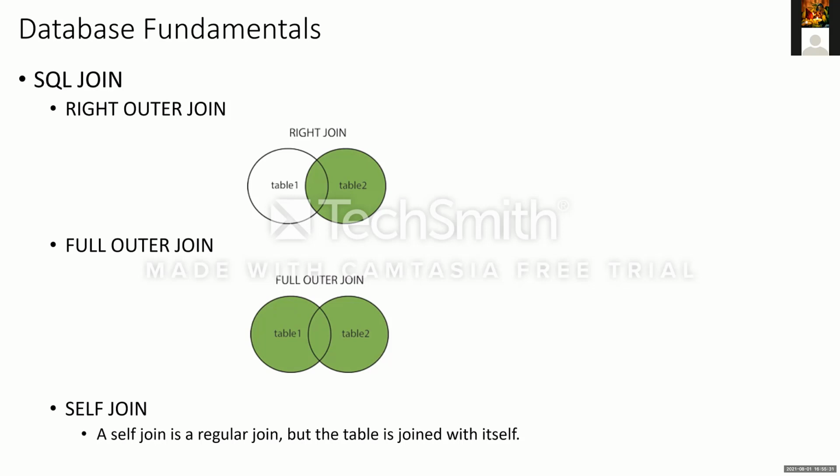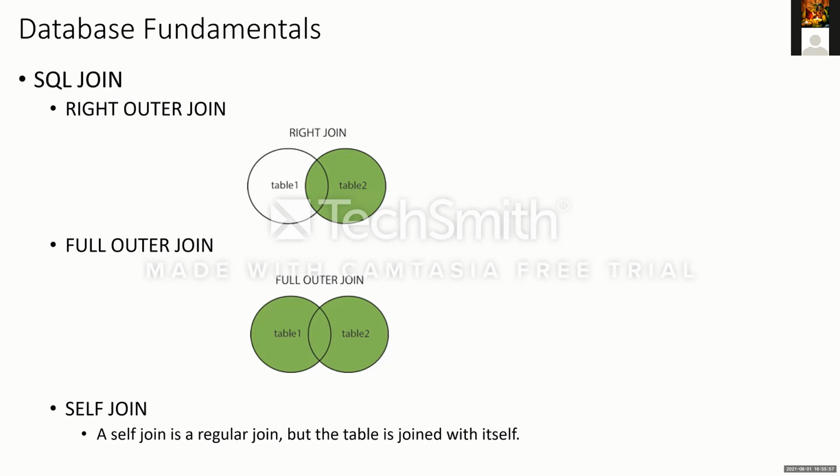But if the right hand side record 2 has 10 rows and record 1 has only 5 rows, at that time if you put record 1 right outer join record 2, you will have 10 rows. Any questions till now? No, I'm good with it.